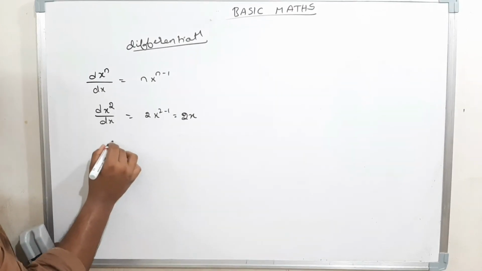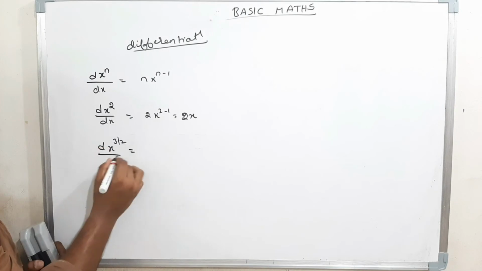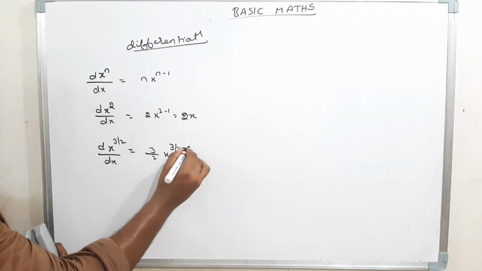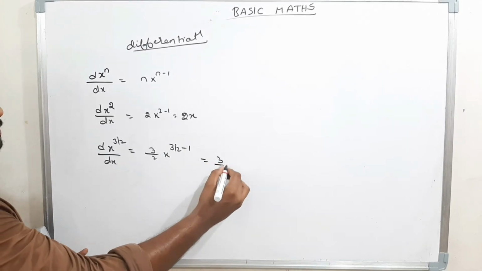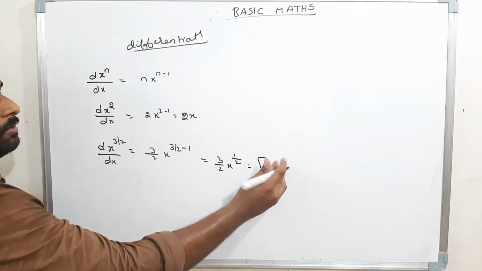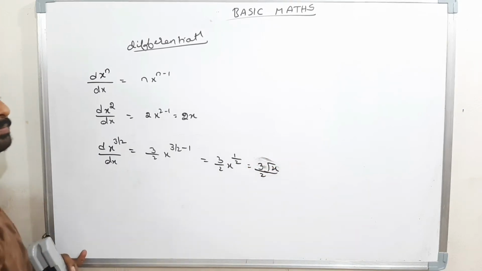What is the differentiation of x power 3 by 2? It is 3 by 2 into x power 3 by 2 minus 1. That is 3 by 2 x power 1 by 2, which is nothing but 3 by 2 root x.